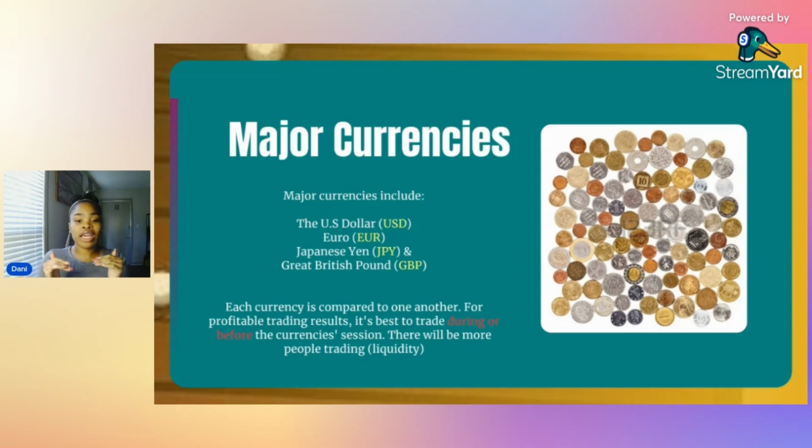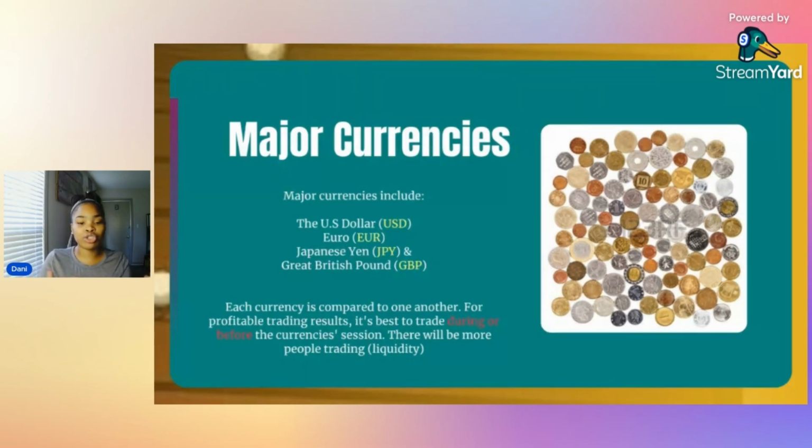Okay, so if I was to trade the US dollar and the Japanese yen, I would go to the chart called USD JPY, and I would want to make sure that at the time I am trading it, either currency's market will be open, because that's how I can guarantee there will definitely be a strong move happening at this specific moment of time.